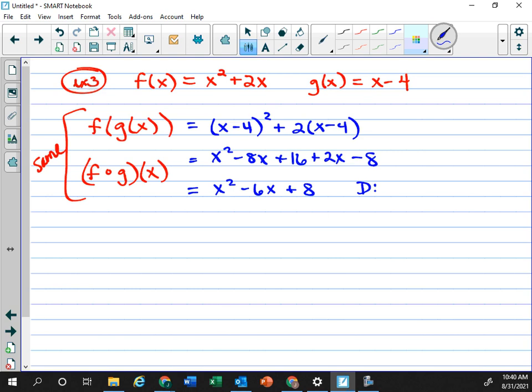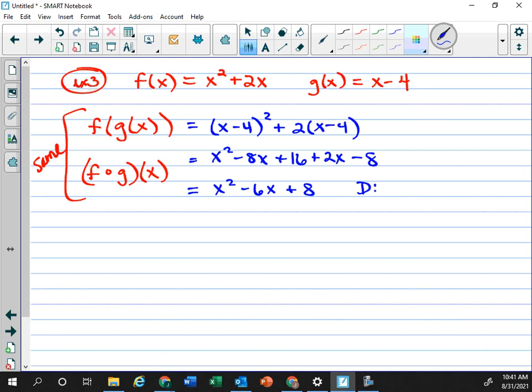Okay, so you obviously have to look at your final answer as part of how you figure out the domain. So x squared minus 6x plus 8, there's no fractions, there's no radicals, so that would just be all real numbers. The other piece you look at, you don't look at both the f of x and the g of x. You look at whichever one is inside.